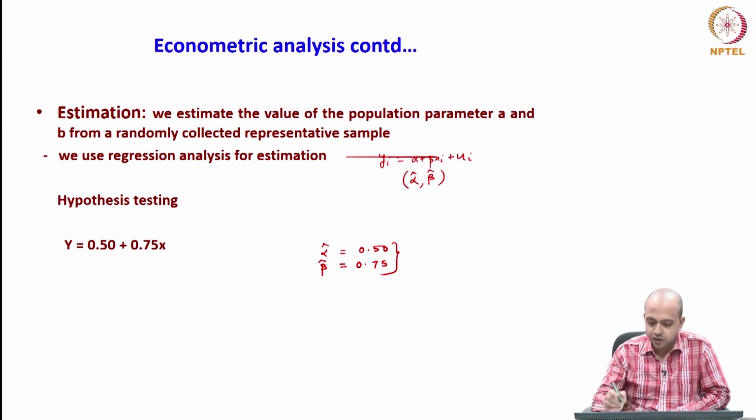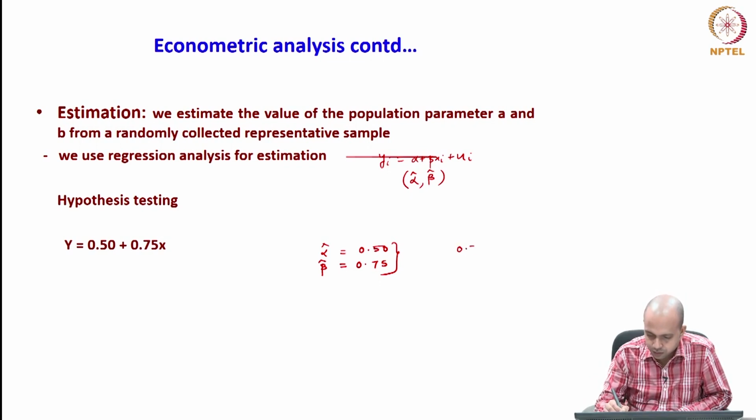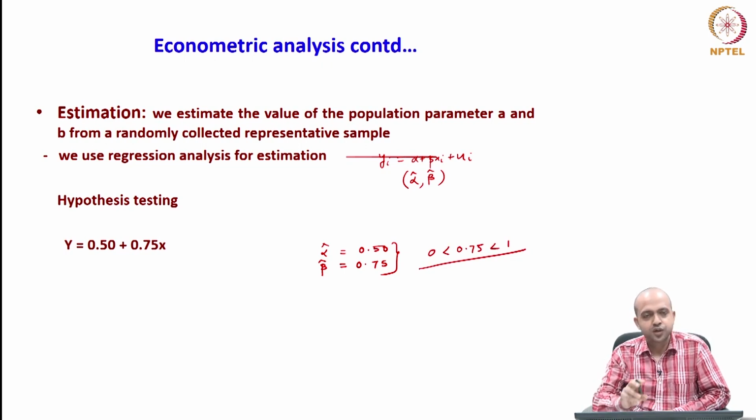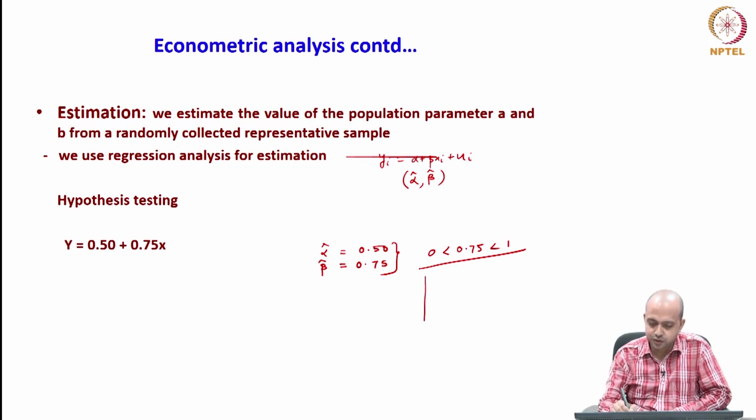And secondly, 0.75 is lying between 1 and 0. So from this value of beta hat, we can say that the properties of the Keynesian consumption function are satisfied, because it looks like this. This is your alpha hat, and this is your beta hat, which equals 0.75.